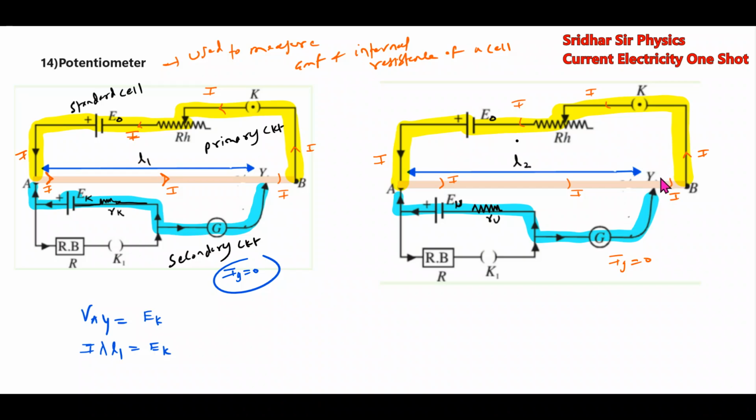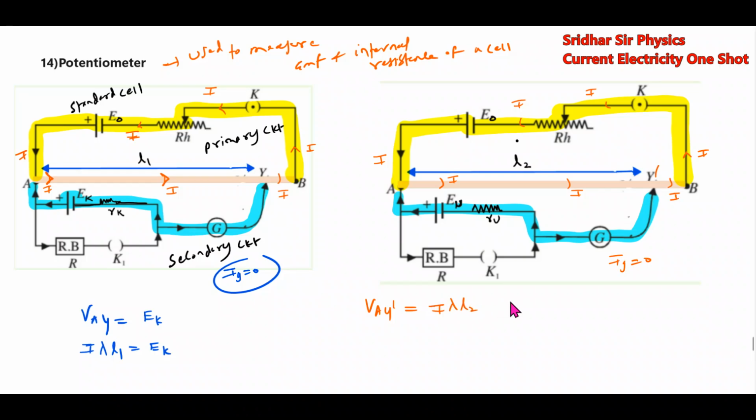Then the drop VAY dash, for the new length, should be equal to I into lambda L2: current into the resistance of this wire, lambda into L2.